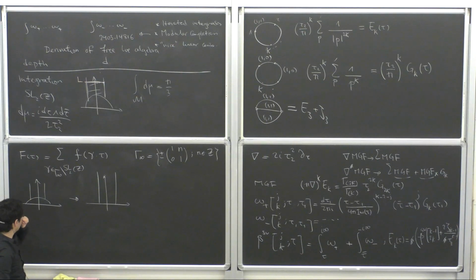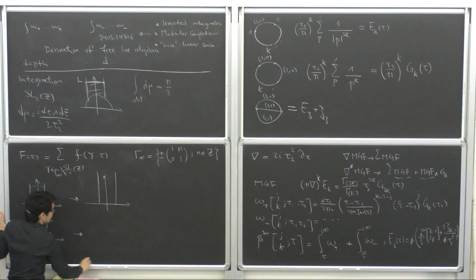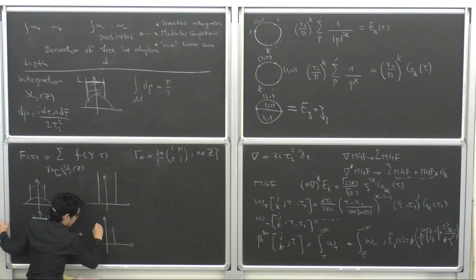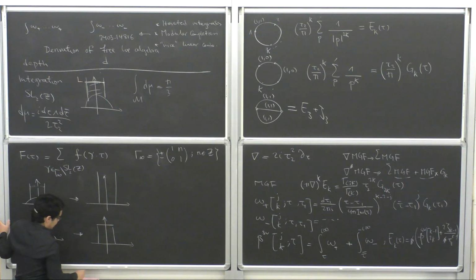But now the problem is that if I put a cutoff here, let me draw it here, at L, this goes to a rectangle at L, but I have many annoying circles, an infinite number of circles here.